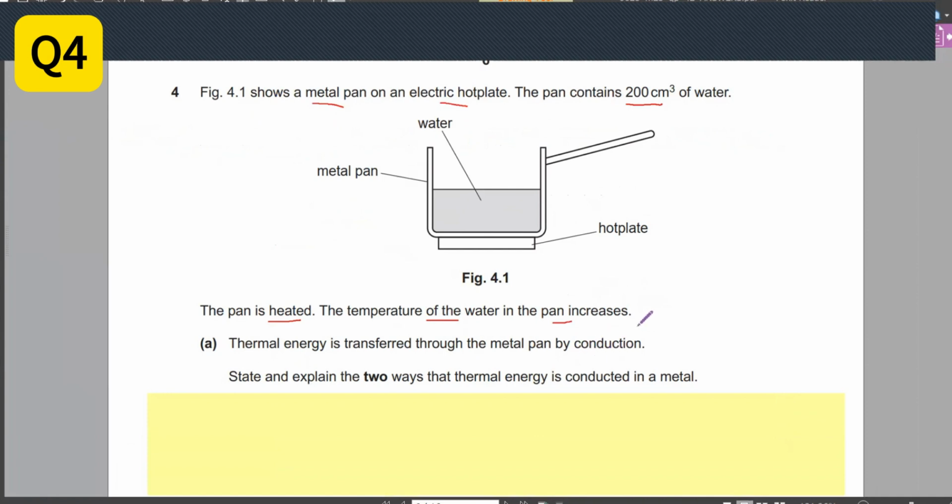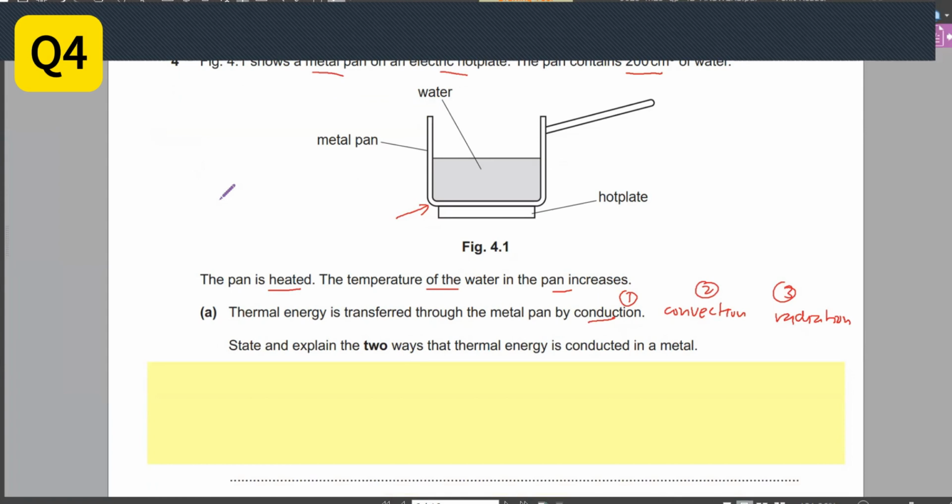Conduction is one of them, then we have convection and radiation. In this case we have conduction, because conduction happens when we have direct contact.